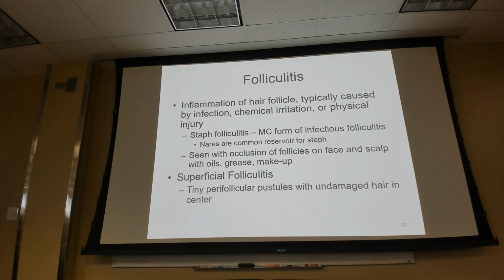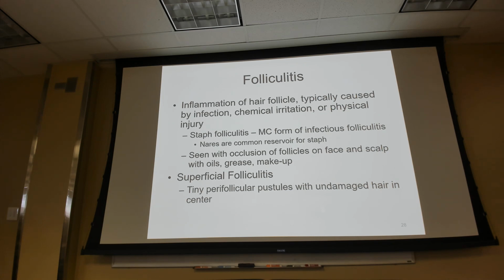Okay. Nares. It could be where all of the staph is out, and then it can move around. Essentially, when this is happening on the face and the scalp, you'll have some discharge of the oils, the grease, the makeup that could be blocking it all up. Perifollicular pustules with undamaged hair in the center.